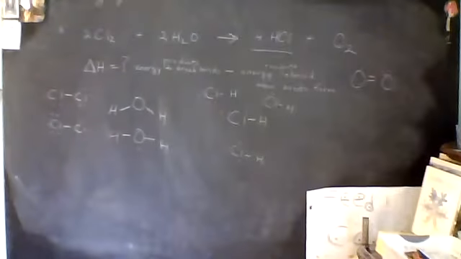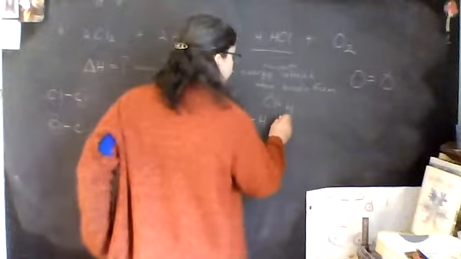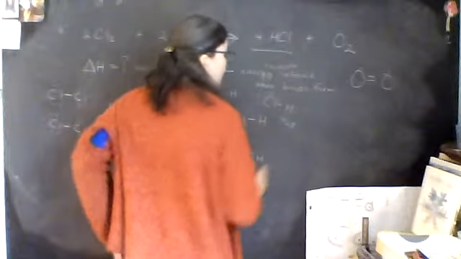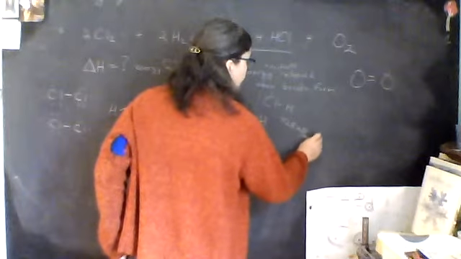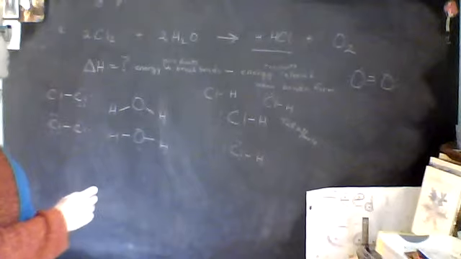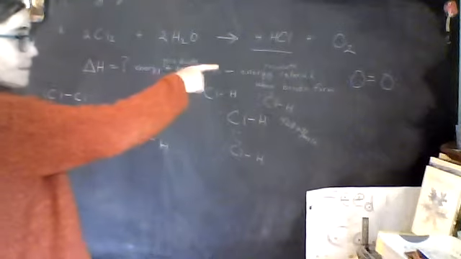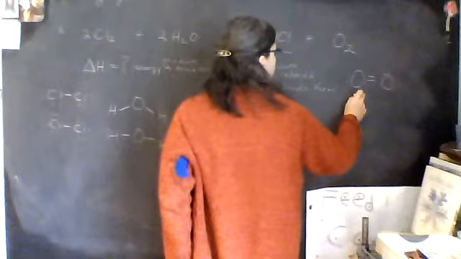Okay, so HCl is 428 kilojoules per mole. And double bonded oxygen is 494.